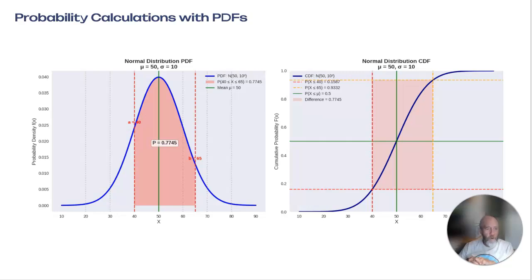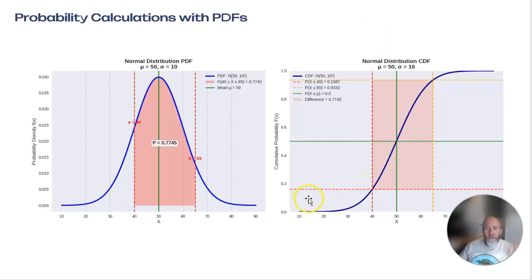That's x, 40 and 65, and the probability density, the PDF, probability density function, is the y-axis. The probability is the area underneath this curve between those two values, and that's looking at the probability density of a normal distribution. I just picked one at random.